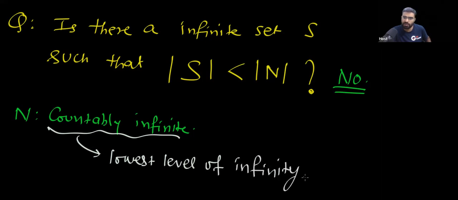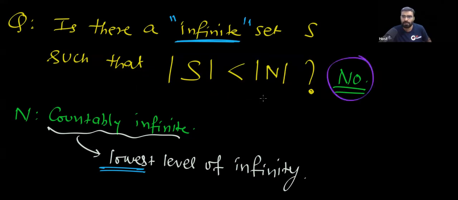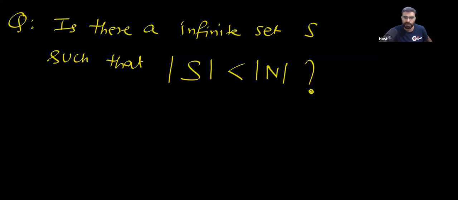So it's simply because this is the lowest level of infinity. Is there any infinite set which has strictly less cardinality than N? The answer is no. Is this clear? Please let me know.